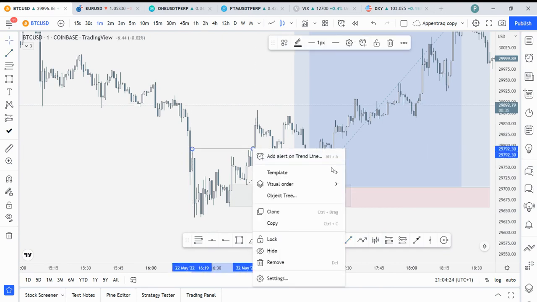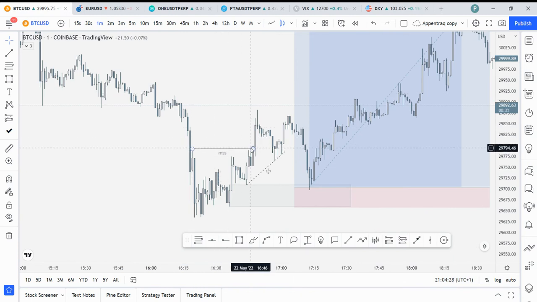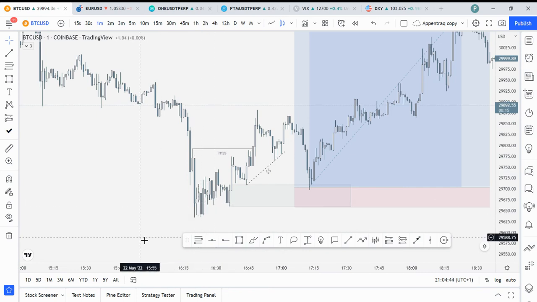So you can have multiple decisional zones. Any zone that forms before market structure shifts after the extreme zone is a decisional zone. So this is a decisional zone, this is a decisional zone, this is a decisional zone, and this is the extreme zone.